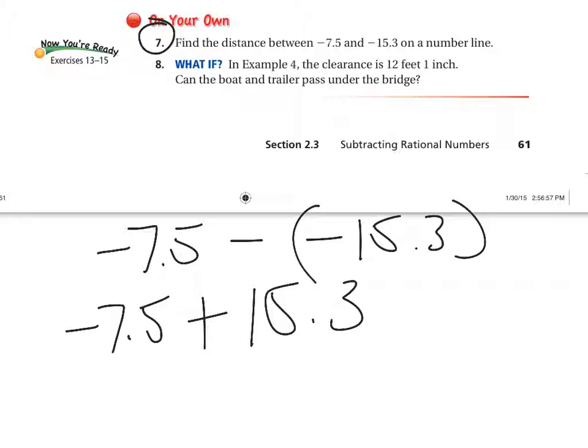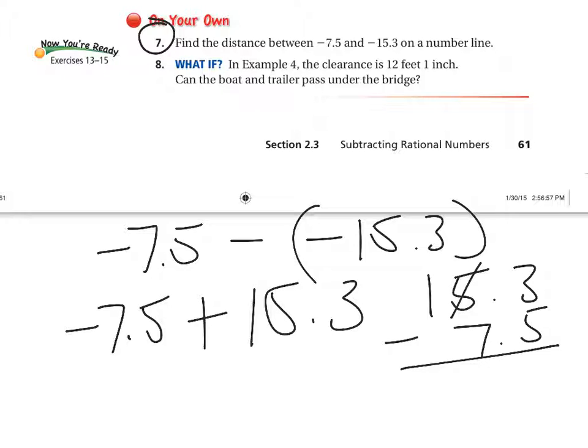I don't have a calculator with me right now, so we're going to do this in the traditional method, so that if you don't have a calculator, it'll refresh your memory of how to do that. So 15.3, and you're going to subtract from that 7.5. You line up your decimal, and then you're going to have to do some regrouping.